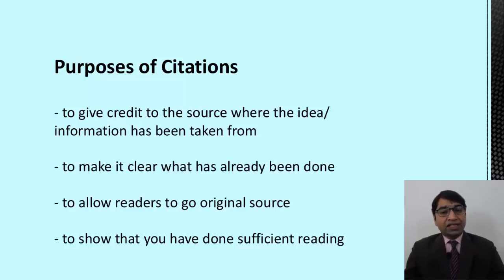This is very important. The person who presented that model, definition, or theory must have put in a lot of effort. So when you cite that person, you give credit and appreciate that source for its hard work and contribution.